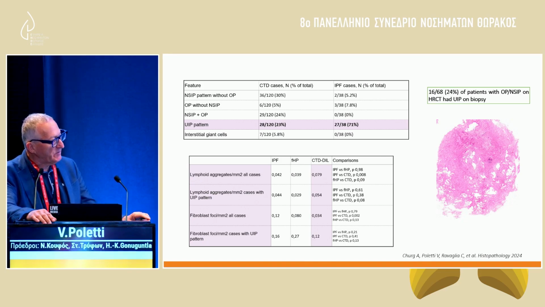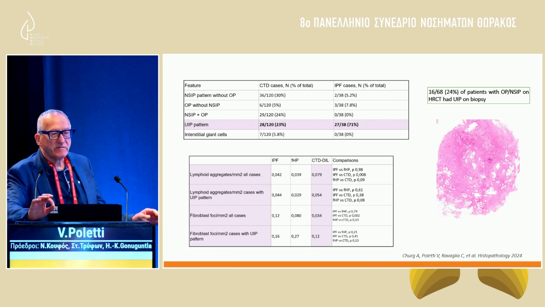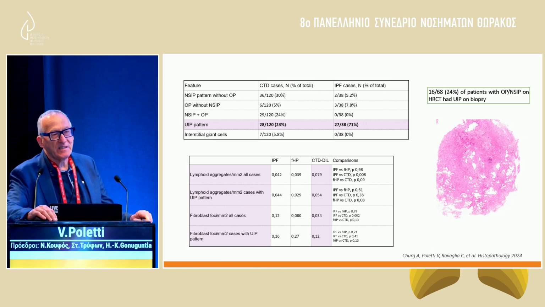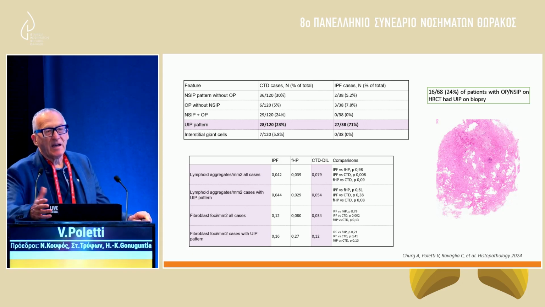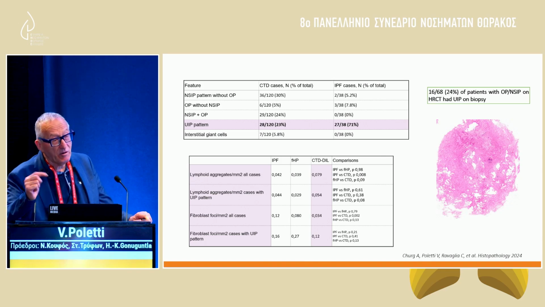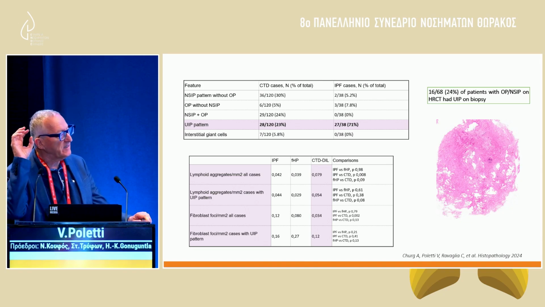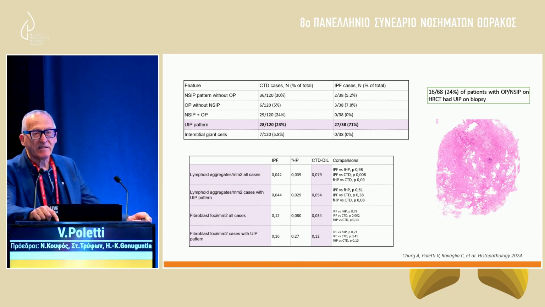We made this study with the Vancouver group showing that in a quarter of cases of patients with CTD-ILD diagnosis made by MDD without typical UIP pattern in CT scan, the pathologist, not in our center but the pathologists that reviewed our samples in other centers, identified the UIP pattern.